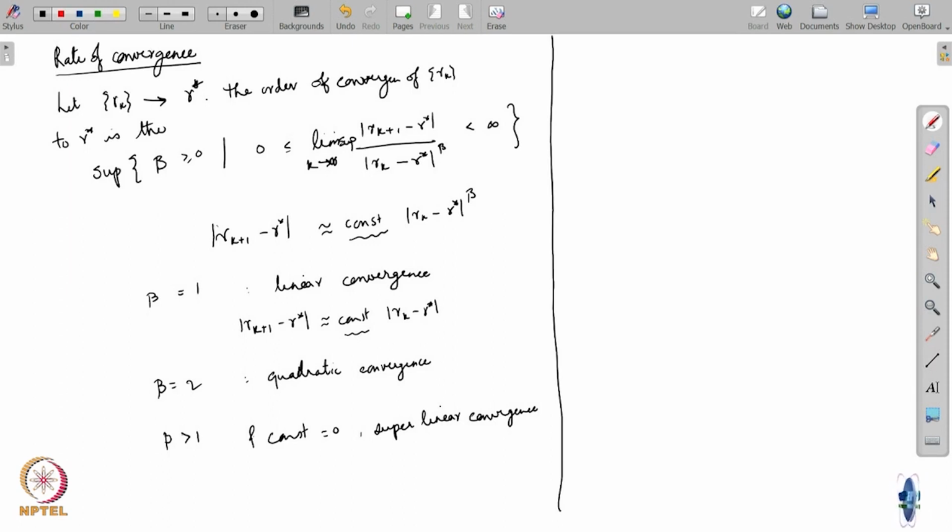So, let us look at this function f, which is half x transpose q x minus b transpose x, and I am going to take q to be symmetric and positive definite.